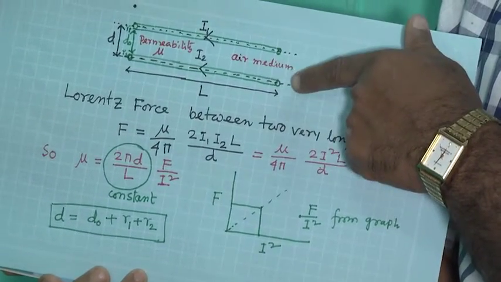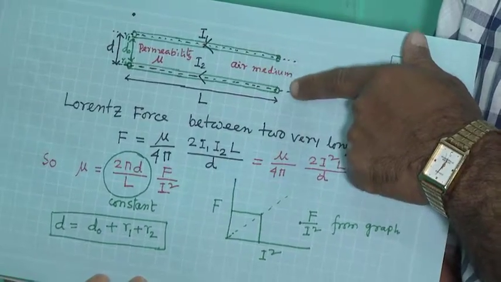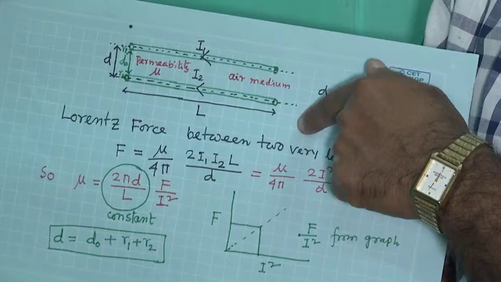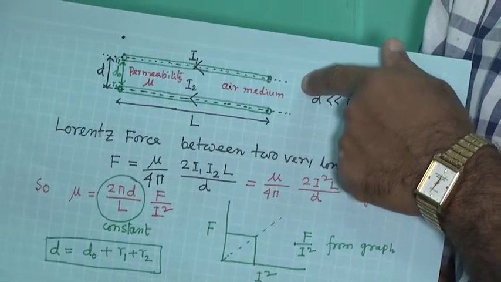I1, I2, as I told, are the currents passing through wire 1 and wire 2, and D is the distance between these two wires. Okay. So, distance is taken from the axis.